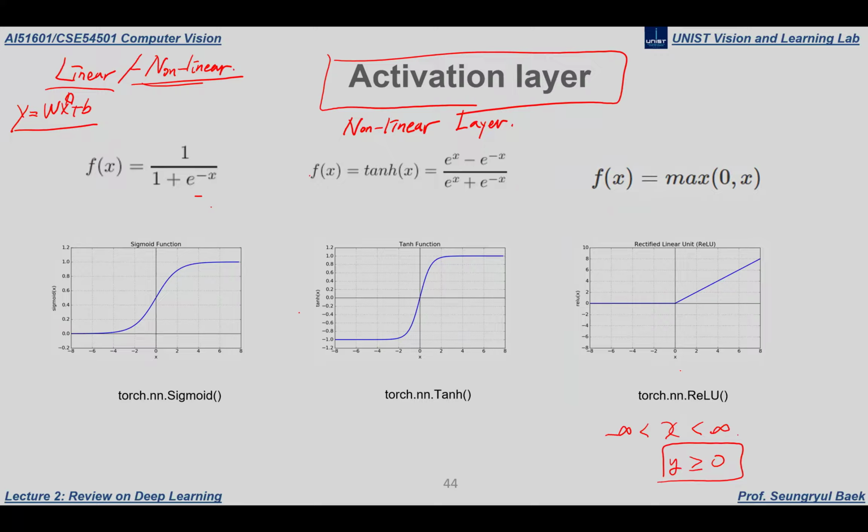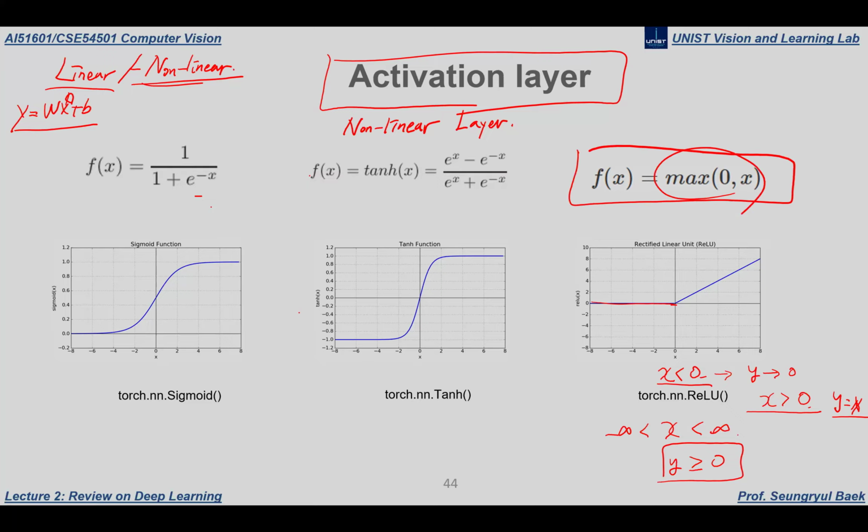If x is less than 0, their values are simply 0, okay? But if x is larger than 0, it becomes a straight line, y is equal to x, that is the graph for this value. So this is another form of representing this type of function in one line, okay?